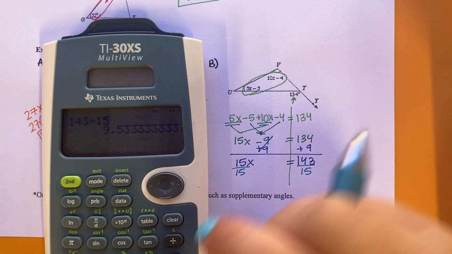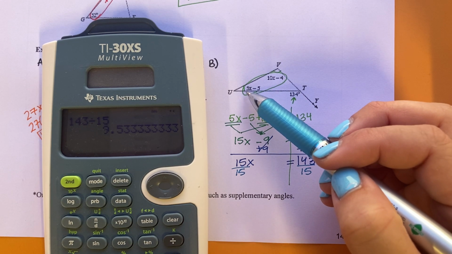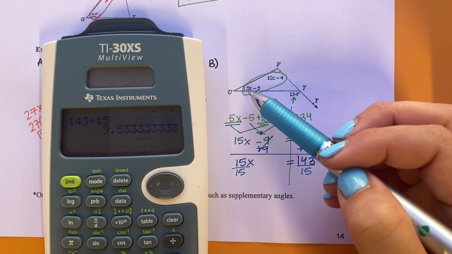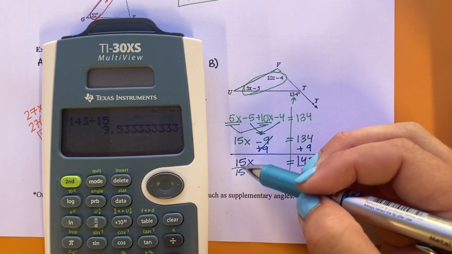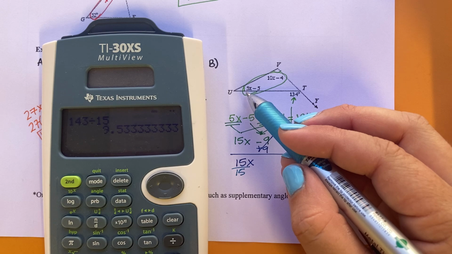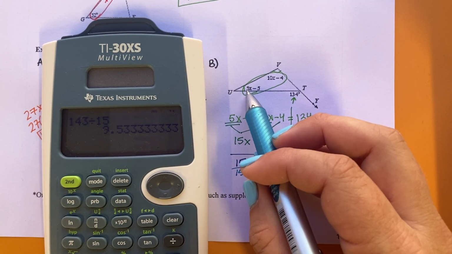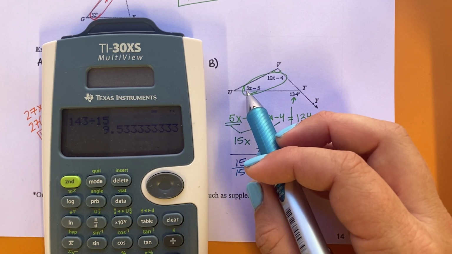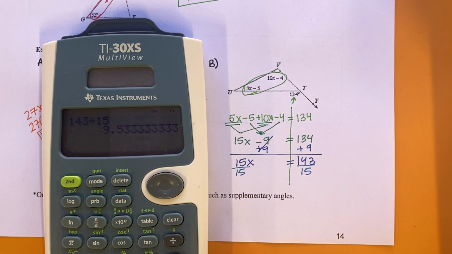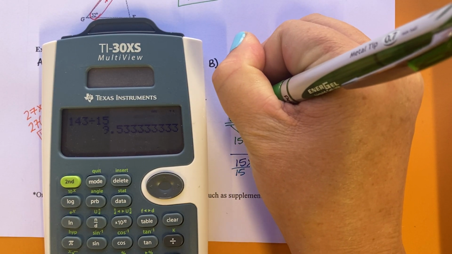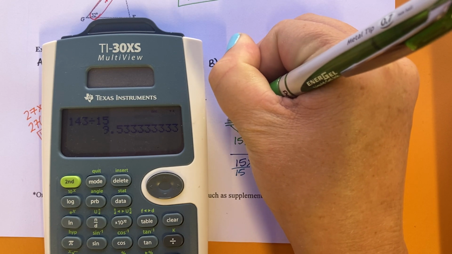And I must have messed up because I'm guessing this was a 3, so there was an error right here. So I'm going to fix my mistake because I read that number wrong. I put a 5 and it's supposed to be a 3. I'm going to go down here and change this number to a 3.